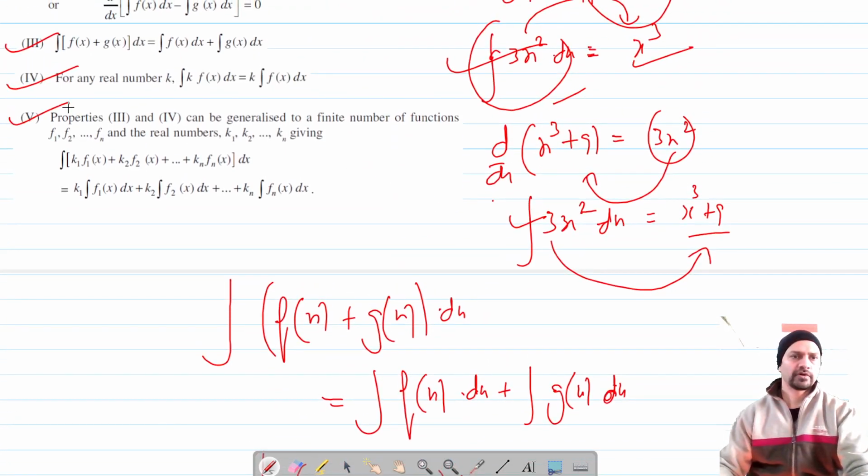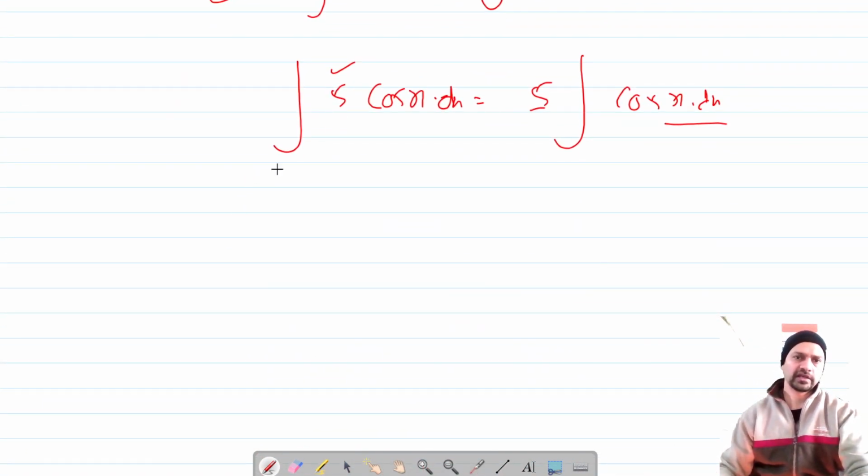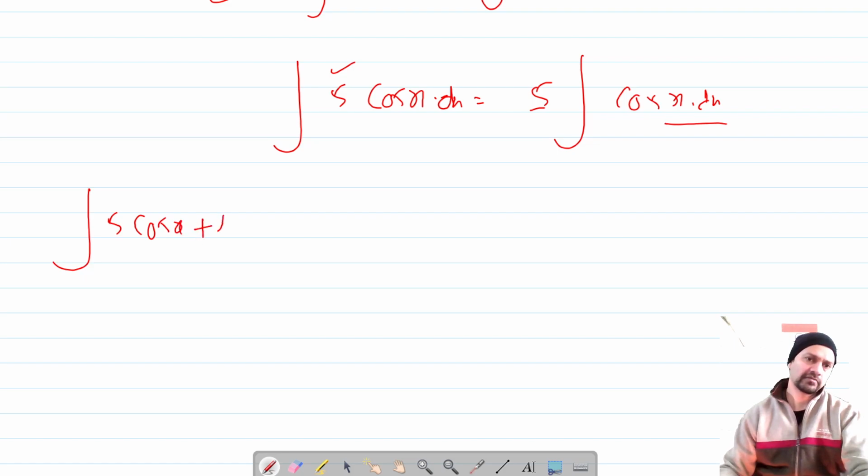That's our fourth property. And the fifth property says that there can be n number of functions with their products, the sum of the products of n functions with real numbers. Let's say it's 5 cos x plus 4 sin x plus 3 sin x, and we have to find the integration of this.